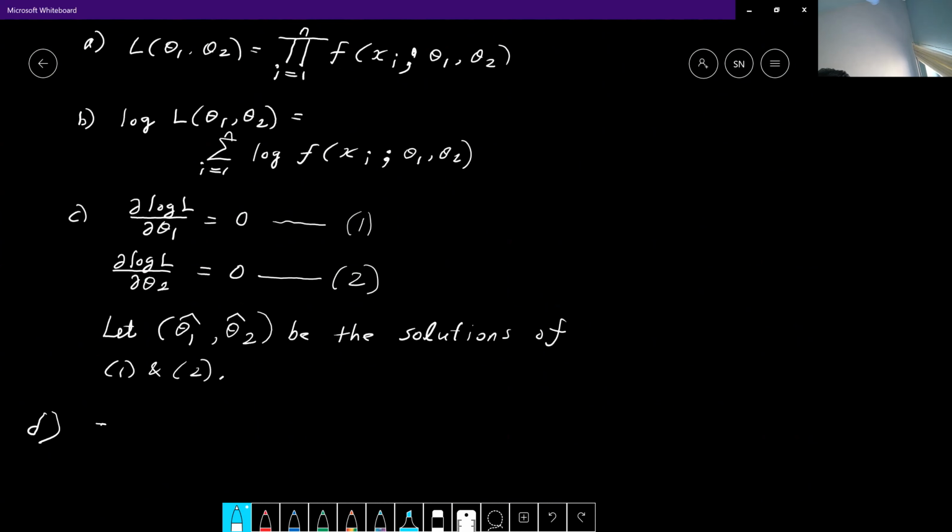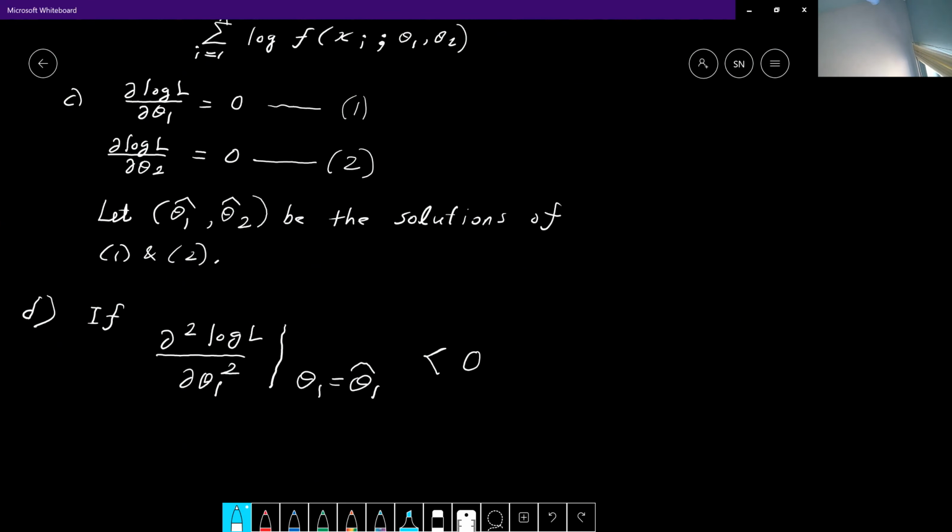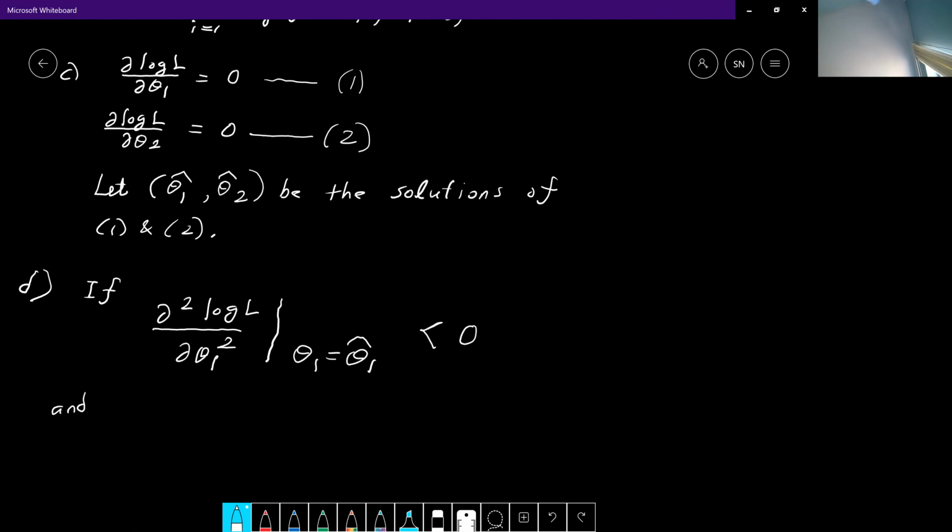Now, finally, part D is this. If the second order partial derivative of the log likelihood with respect to theta 1, at theta 1 equal to theta 1 hat, is less than 0, and we need an additional condition, which is as follows.